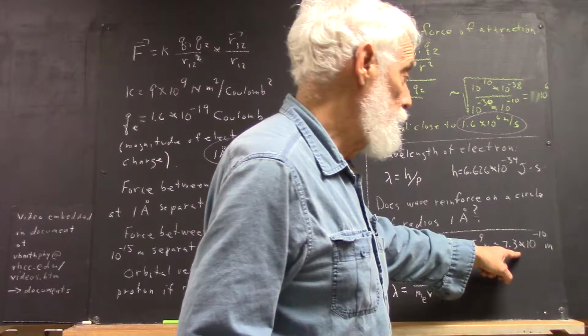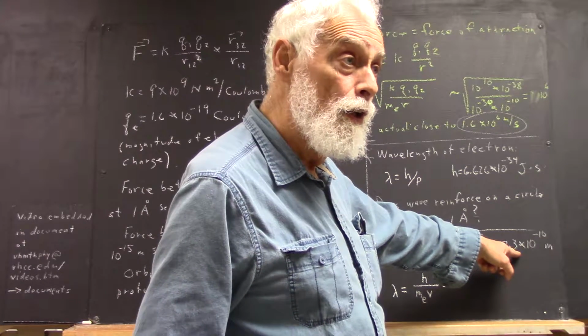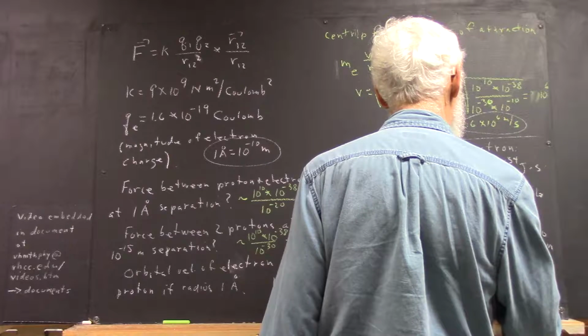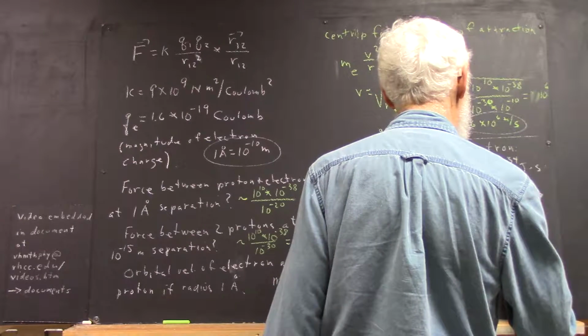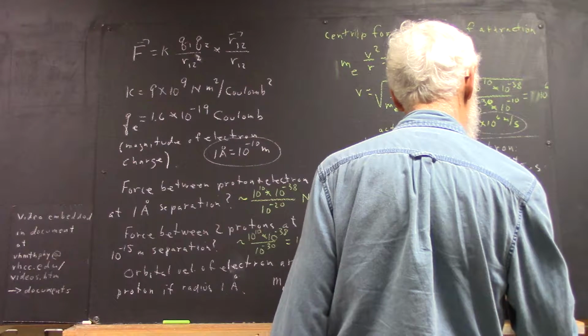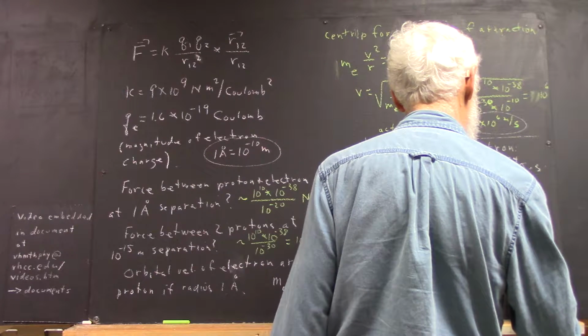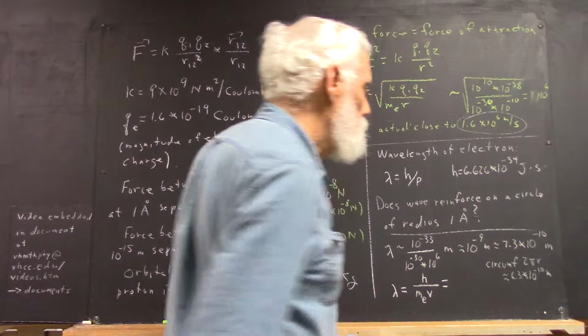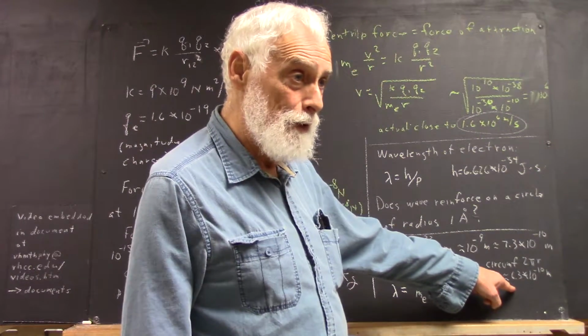Because it's going to turn out that this wavelength is no good at all when you have a circumference of 6.3 times 10 to the negative 10th meters.